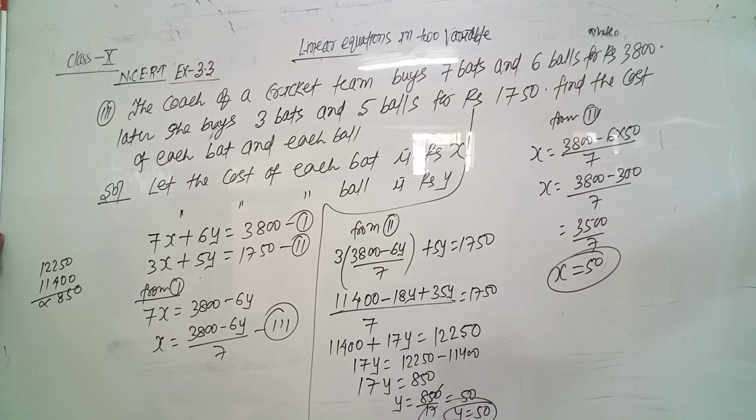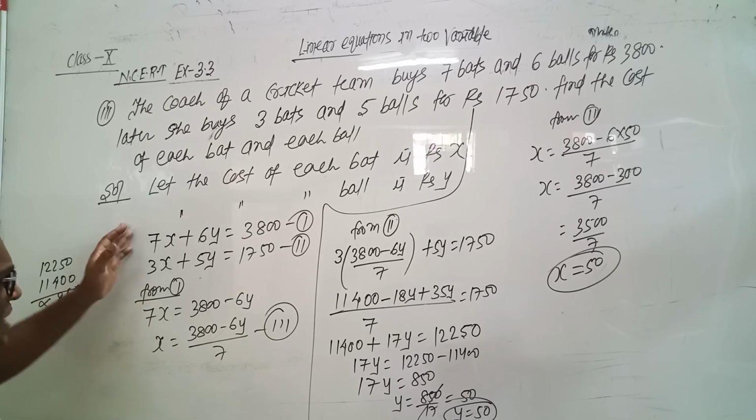The value of y is 50 and the value of x is 500. So this is the cost of one bat and the cost of one ball.